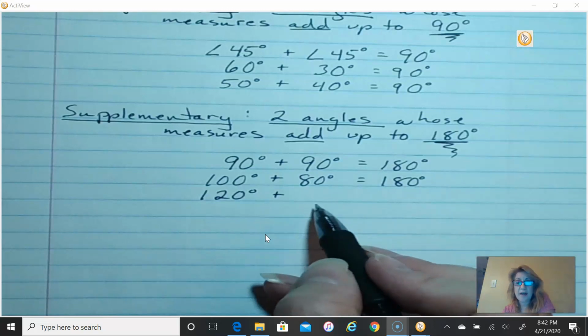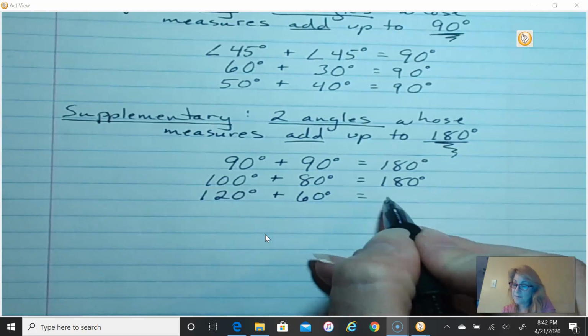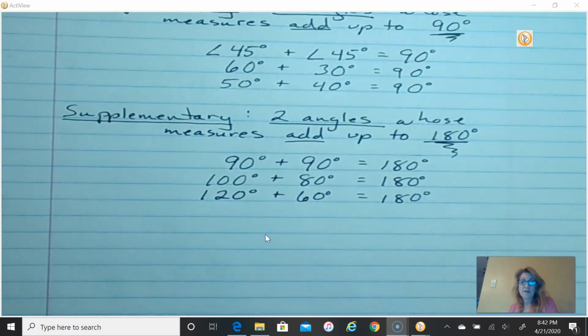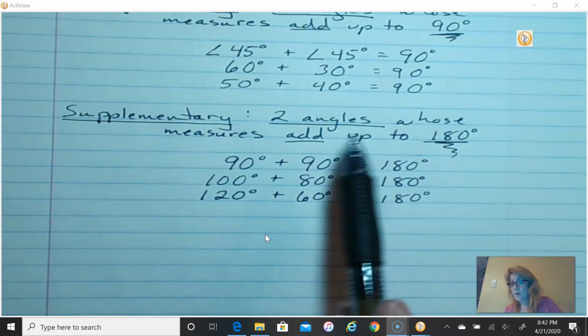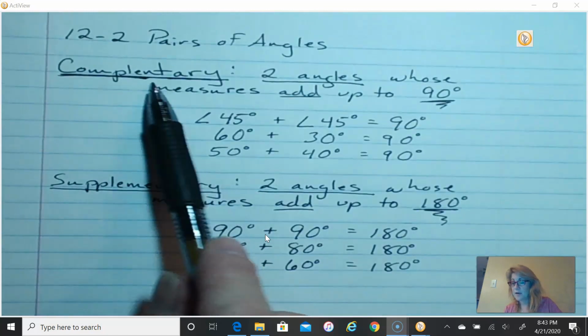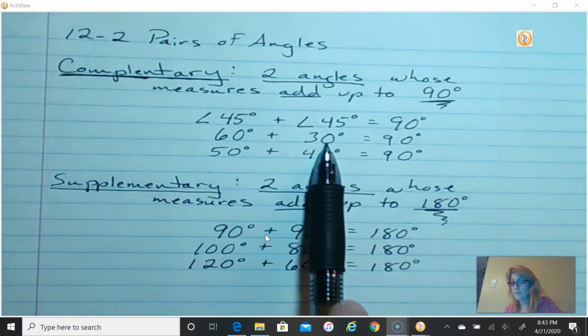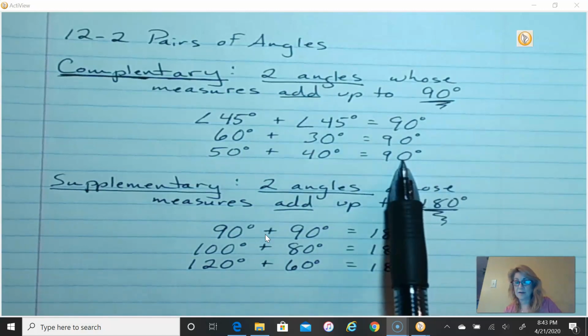What would the second one have to be for it to be supplementary? 60 degrees. There you go. So you see, supplementary, two angles that when added give you 180. Complementary are two angles that when added give you 90 degrees.